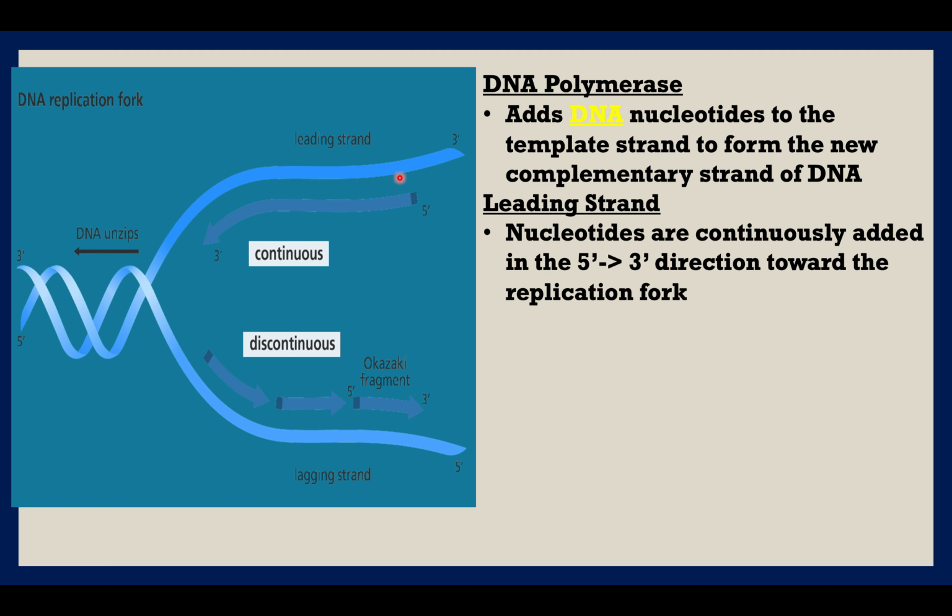The DNA is being unzipped from right to left in this example, okay? So helicase is going here, opening the replication bubble and the replication fork, making it right here, yeah? The leading strand first had RNA primase come here. It laid a primer, as you can see there. That's the primer.